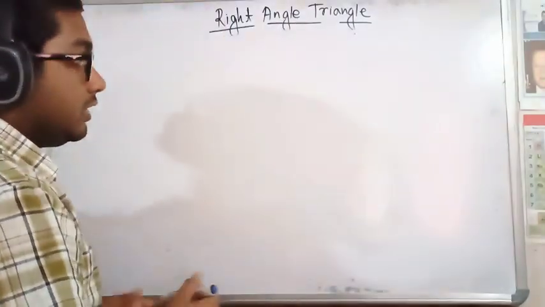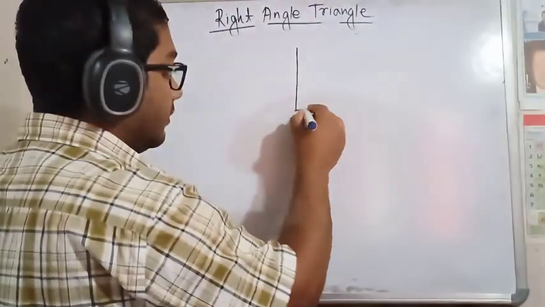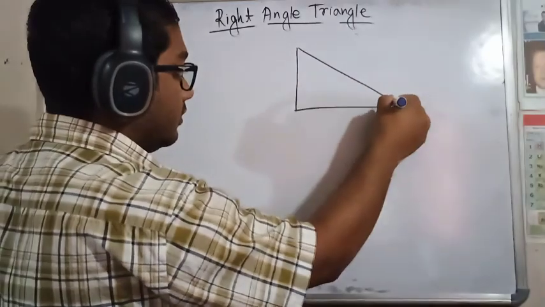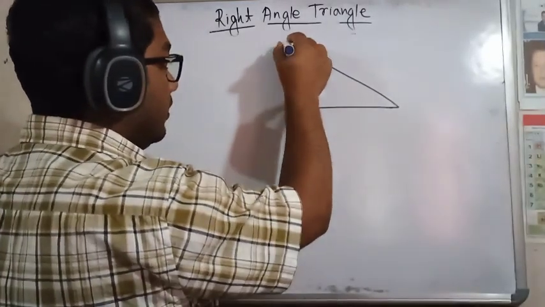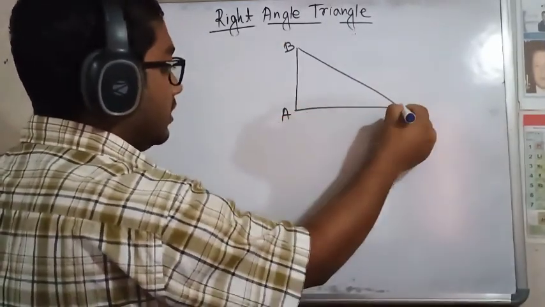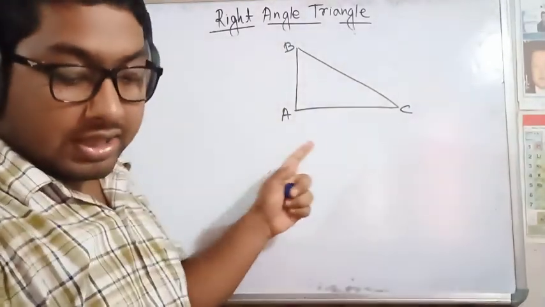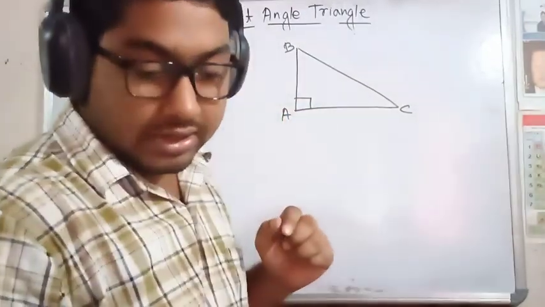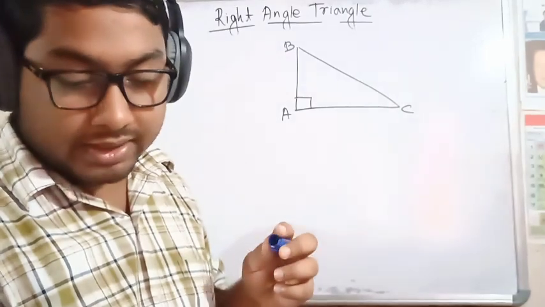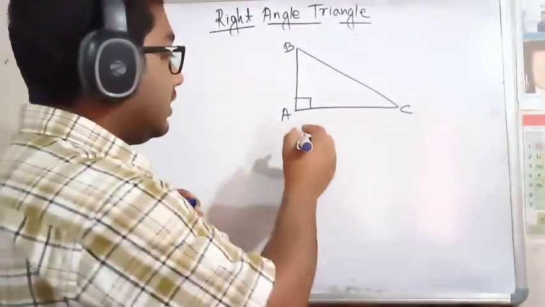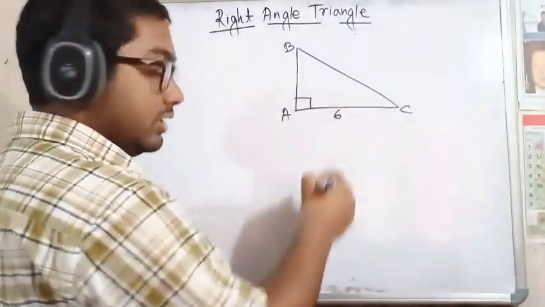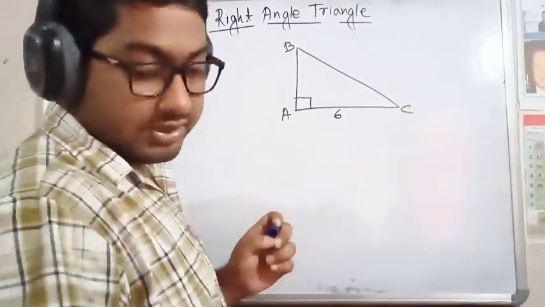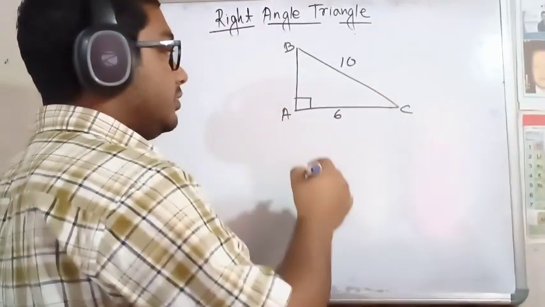So carefully, ABC is a triangle, and it says that A is the right angle. AC is 6 centimeter and BC is 10 centimeter.